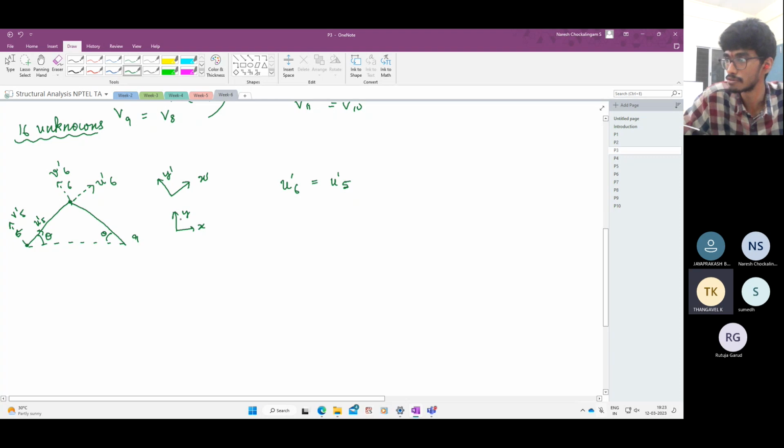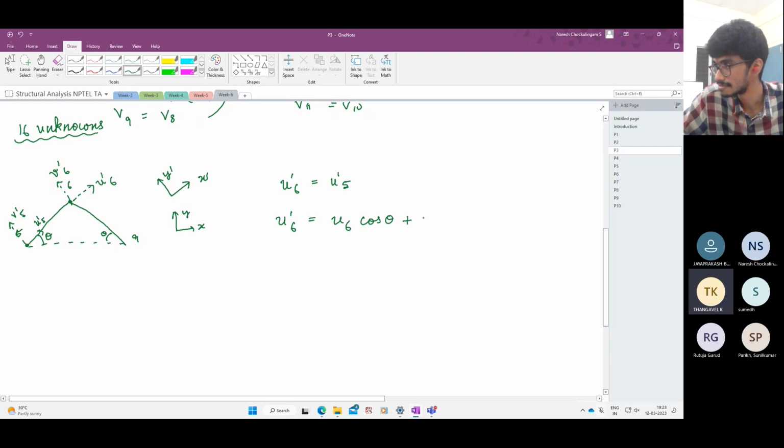But how are U dash and U related? If you do normal coordinate transformation, you will get that U dash 6 is equal to U6 cos theta plus V6 sin theta. It is very simple. You just take this and resolve it along these directions.